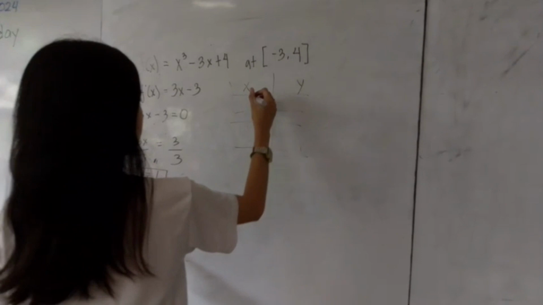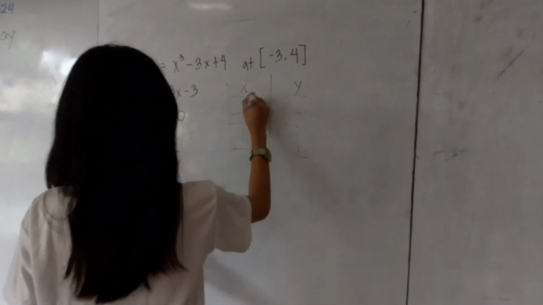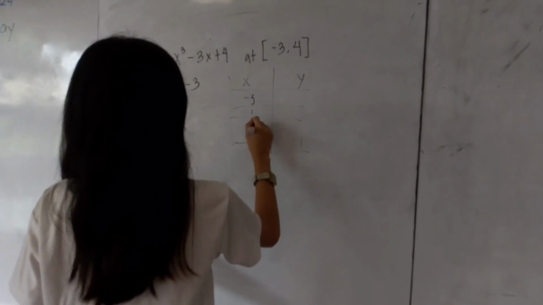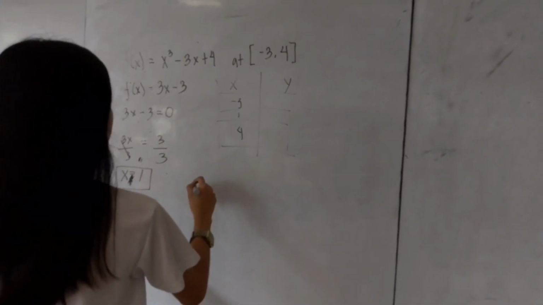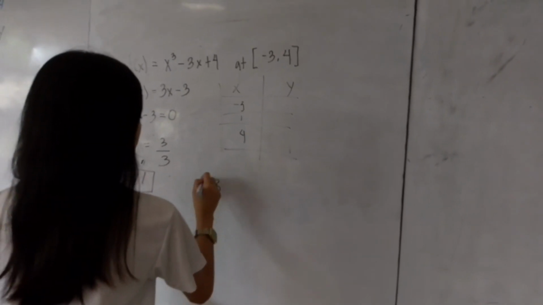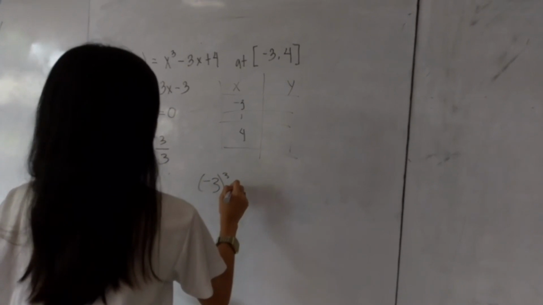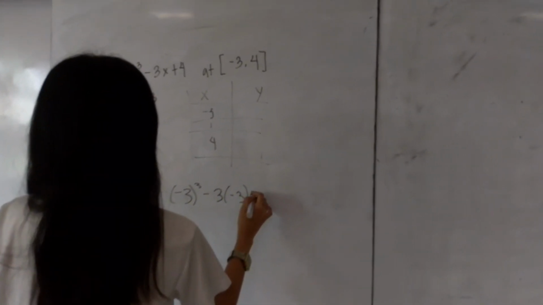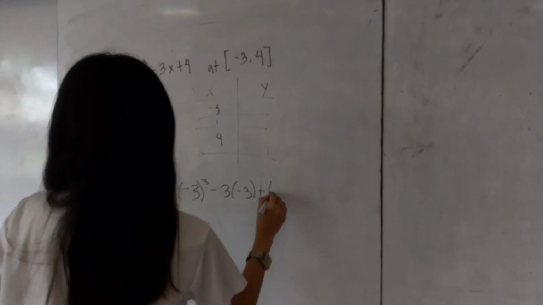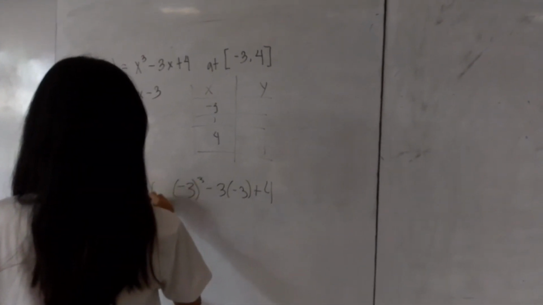To get the maximum and minimum point, we have x at negative 3, positive 1, and positive 4. Then we substitute it to our equation. We have negative 3 cubed minus 3 times negative 3 plus 4. Then solve it.